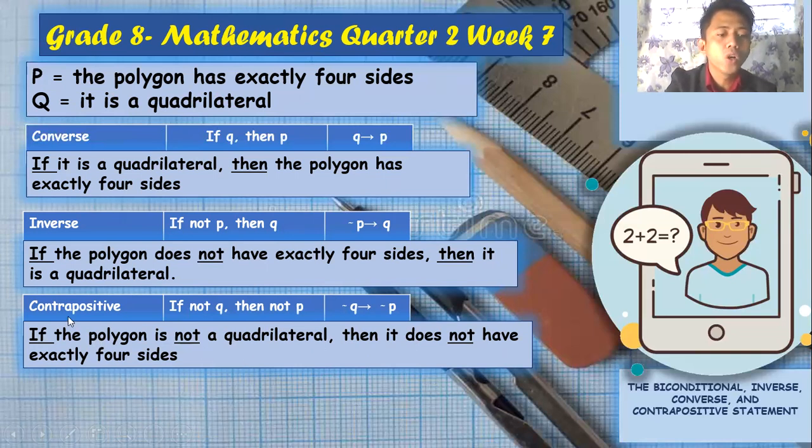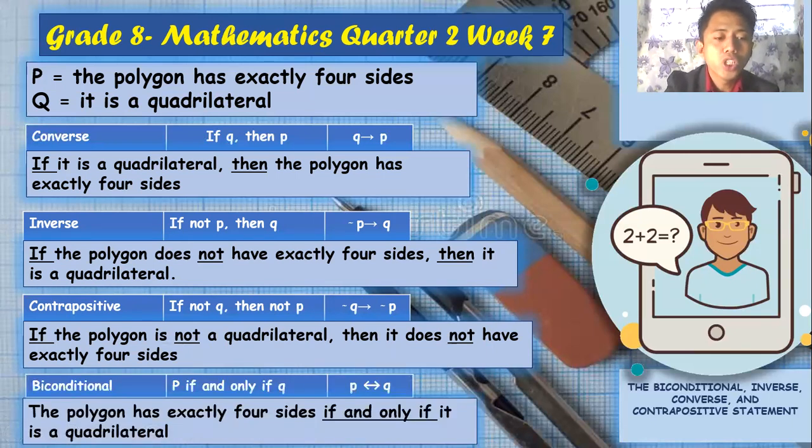So therefore, we can conclude by following the pattern, if not Q, then not P, or the negation of Q implies the negation of P. By simply using this pattern, we can conclude that the contrapositive is if the polygon is not a quadrilateral, then it does not have exactly 4 sides. That is the contrapositive.